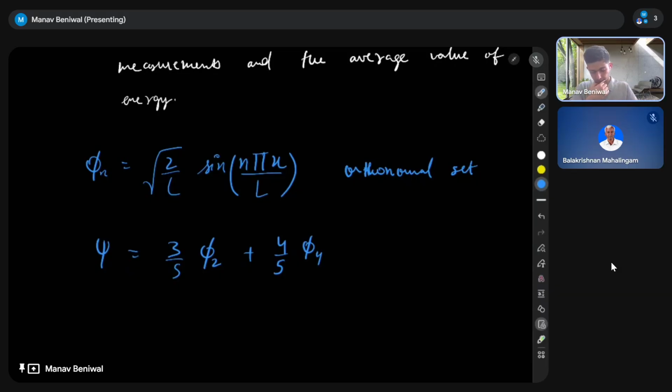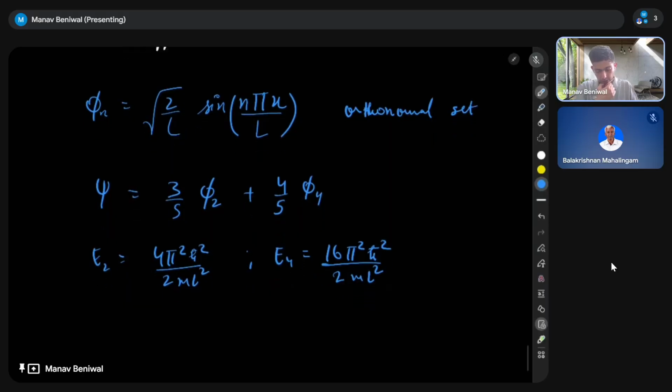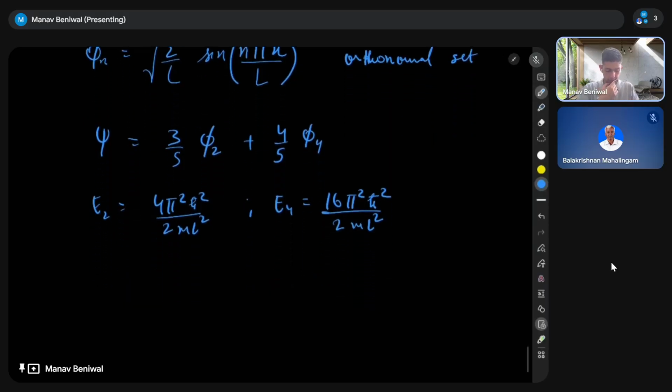Good. So energy corresponding to phi 2 will be E2, and that n squared will be 4 pi squared ħ squared over 2 m L squared, and E4 will be 16 pi squared ħ squared over 2 m L squared. So to simplify, these two energies will be measured.